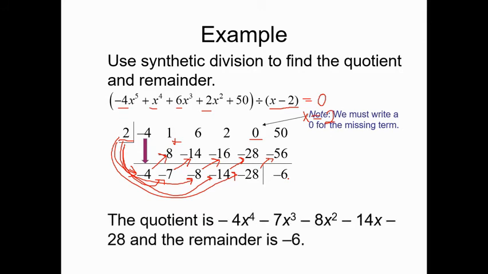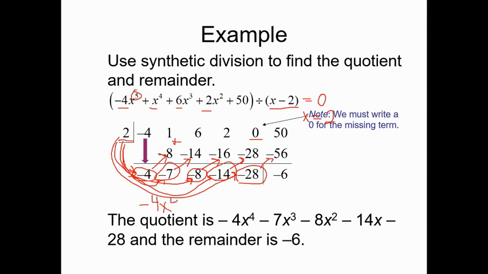But notice that the quotient for this is, and again, that would come from these numbers here, the negative 4, the negative 7, the negative 8, the negative 14, and the negative 28. So notice that this was an exponent to the fifth, so we always write everything as the next exponent down.